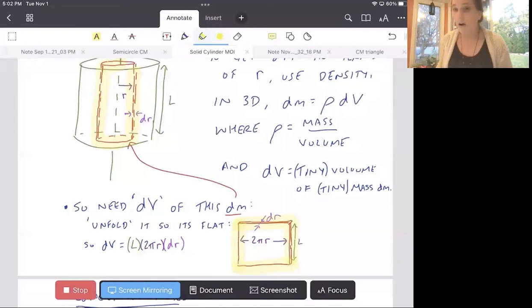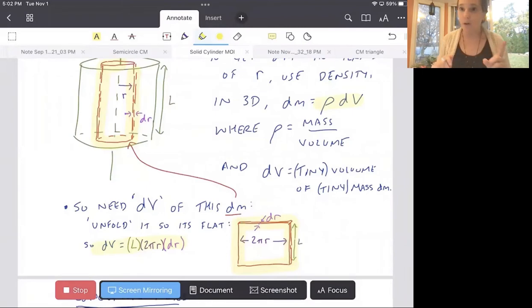So 2 pi r, the circumference, times L, which is in this case the height of that cylinder. So that gives us our volume for that dm. And if we have our volume and we have our density, then we can get our dm from that. So that's an example of what this would look like in the solid cylinder and for moment of inertia.